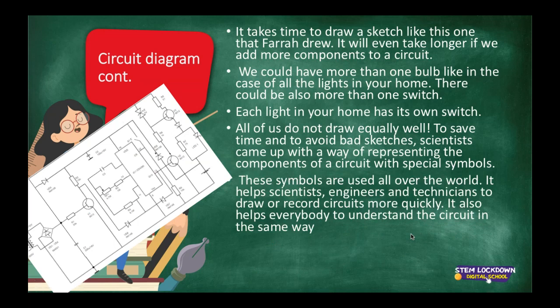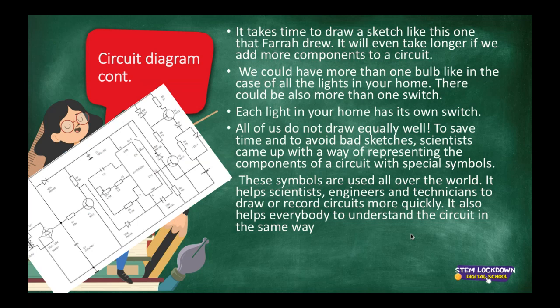These symbols are used all over the world. Even if mom or dad decided to build a new home or make it bigger and install electricity, the electrician is going to draw a plan using those little symbols.